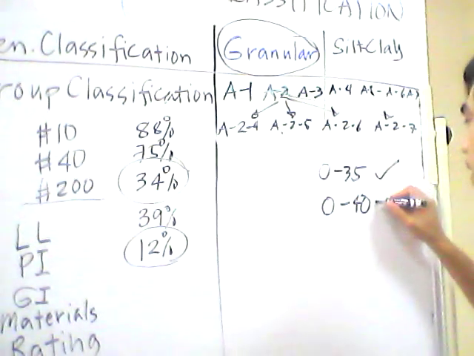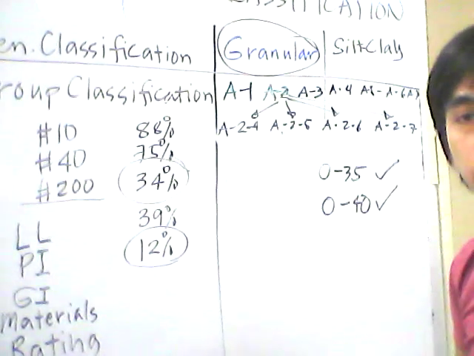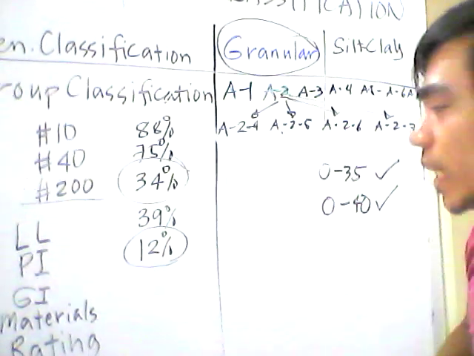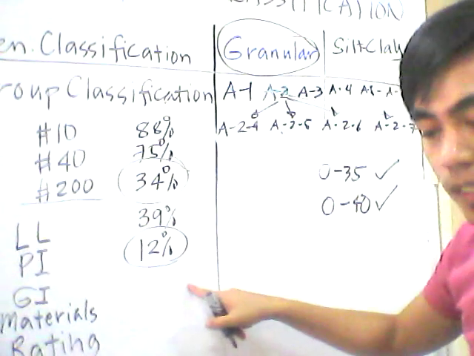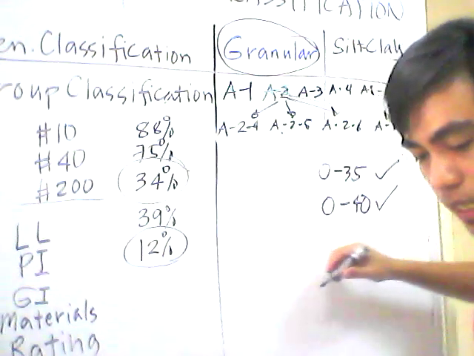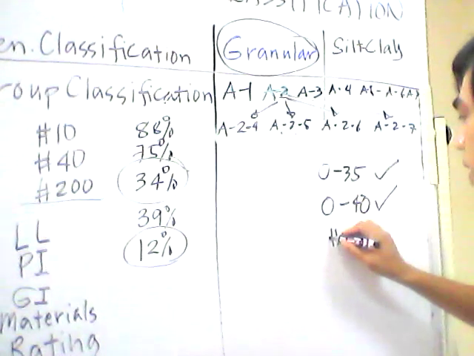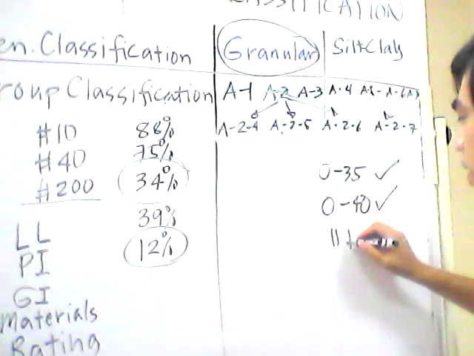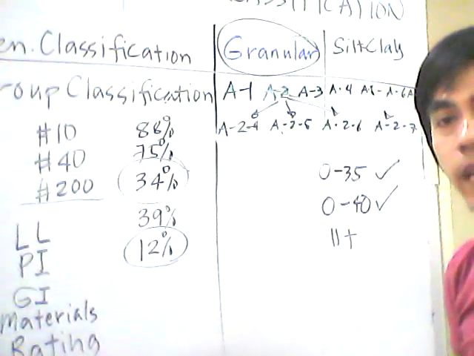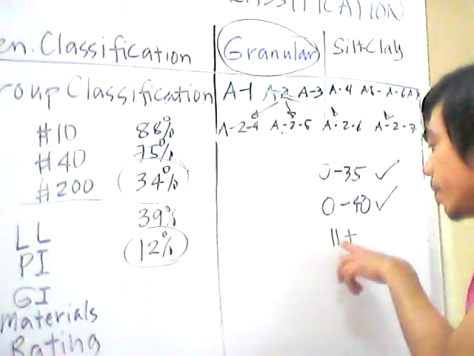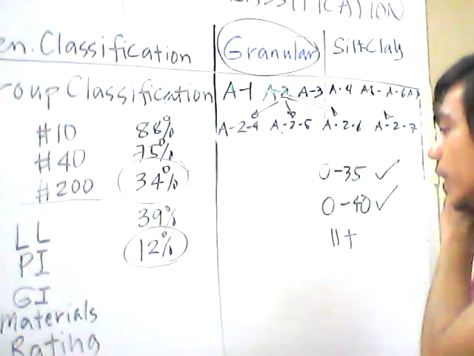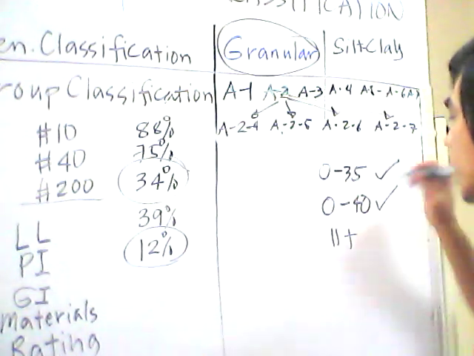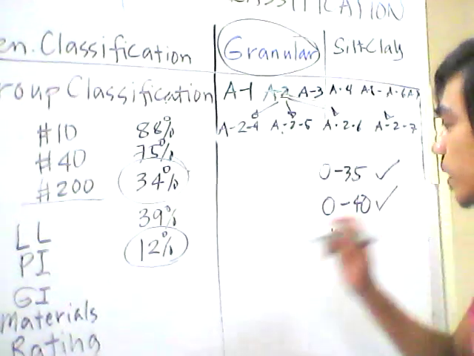So this is okay. Going down further, checking our plasticity index, A-2-6 is 11 plus. 11 plus meaning from 11% and up, the plasticity index should be satisfied.